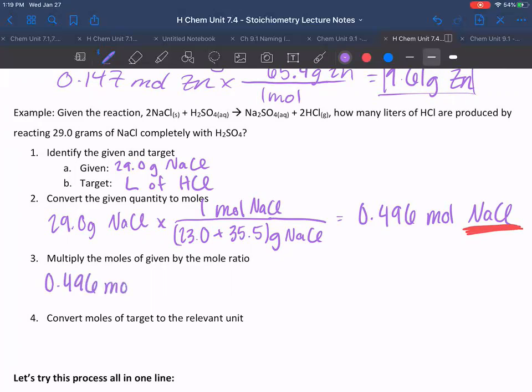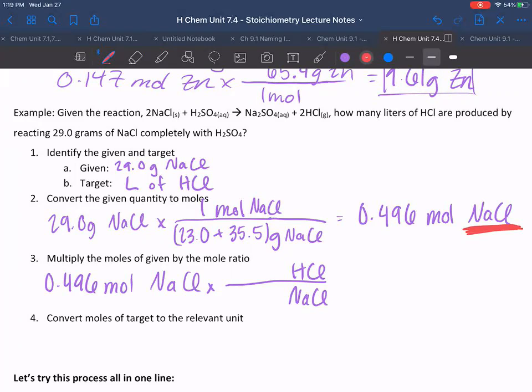Okay. If we have 0.496 moles NaCl, what's going to be our molar conversion here? Yep, NaCl. That leaves us HCl on the top. So how many moles to how many moles? Kind of.